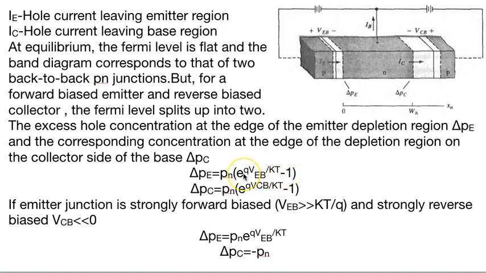We can also write this as, if the emitter junction is strongly forward biased, that is VEB is greater than KT by q or VT, and strongly reverse biased, that is VEB is less than 0, then we can reduce the earlier equations to respective equations like Pn e to the power VEB divided by VT, or the change will be equal to minus Pn, or minus the original current.